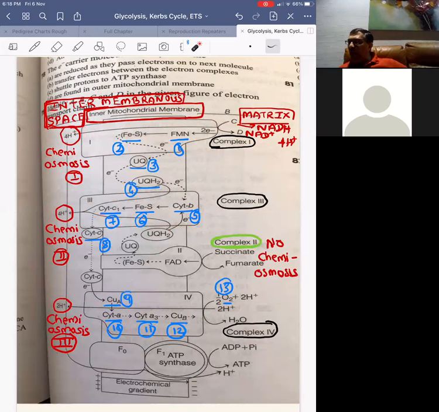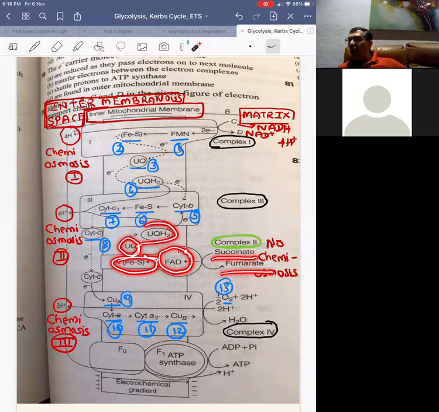But between FAD, अभी ध्यान से, succinate to fumarate, FAD is formed, and FAD will now become iron sulfur, which will then become ubiquinone to become ubiquinol. So याद है, FAD become FADH2, FADH2 again become FAD.